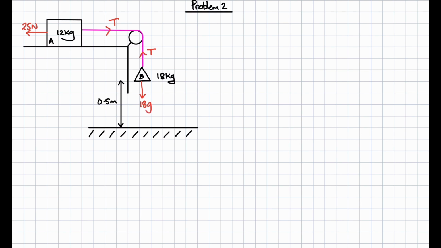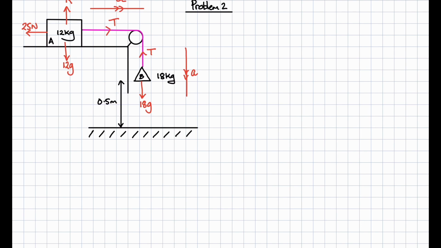It's optional, like in the previous question where we didn't need any of the vertical forces acting on particle A, but if you wish to include them, we can: a weight force of 12g newtons acting downwards, and a contact force of R newtons acting vertically upwards. The particles will be in motion once released from rest, and as before, particle A will accelerate towards the right and particle B will accelerate downwards.